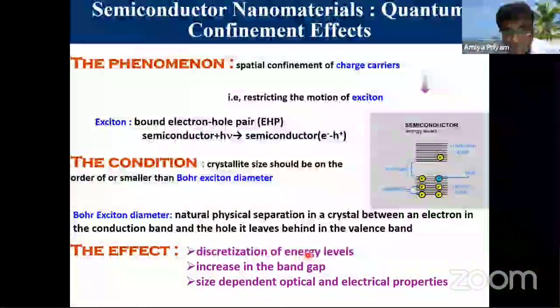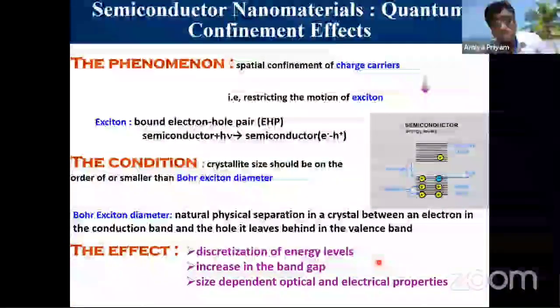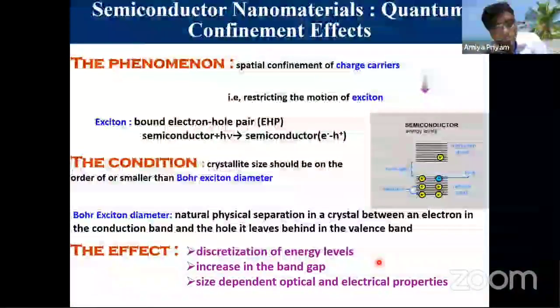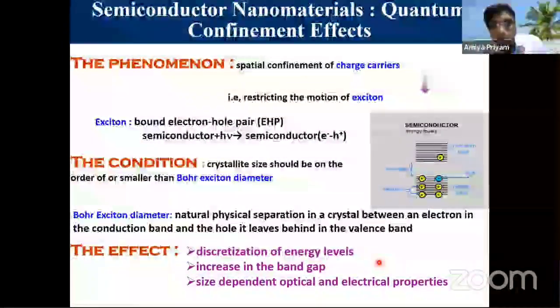Discretization of energy levels means that initially we are looking at a big crystal. First, we start from a bulk crystal, and then we move gradually to smaller and smaller sizes. What happens then? The band structure is getting severely affected.